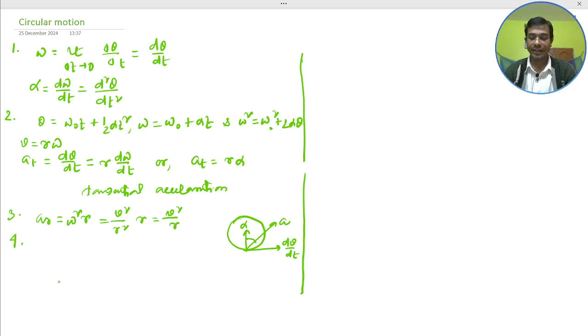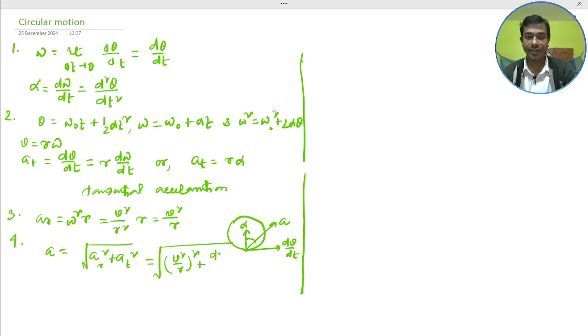So the magnitude of this acceleration is the resultant of the radial and tangential components. Basically, the acceleration is root over AR square plus AT square. This is very important for your NEET exam: root over v square by r whole square plus dvdt whole square.